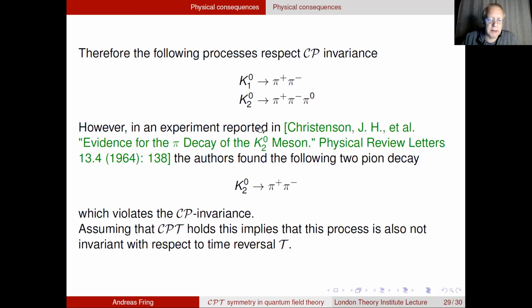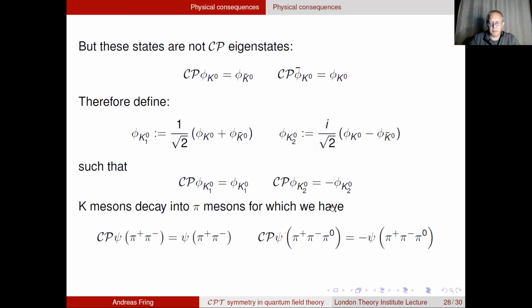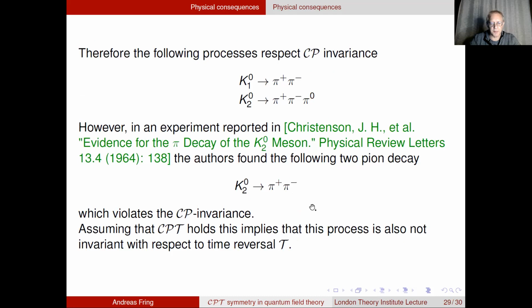But in 1964, in this paper, Christenson and other people observed this process. The K20 decays into a pi plus and a pi minus, which clearly violates CP, as one can see here. In one case you have a minus, and in the other case you have a plus. So CP is violated in this process.